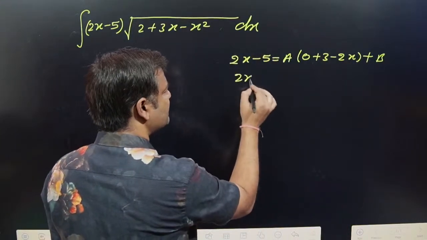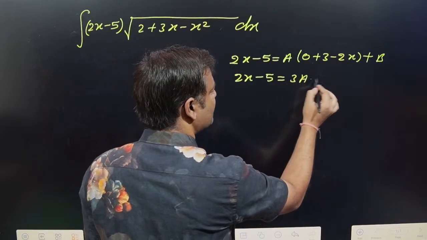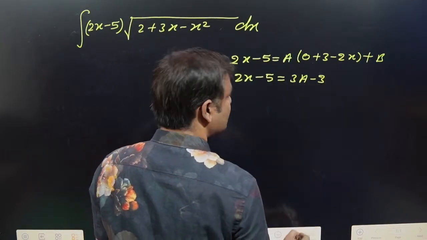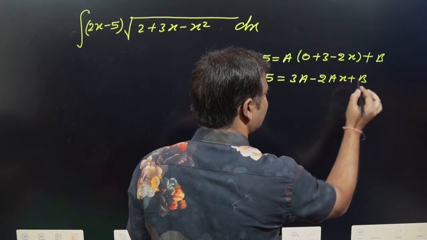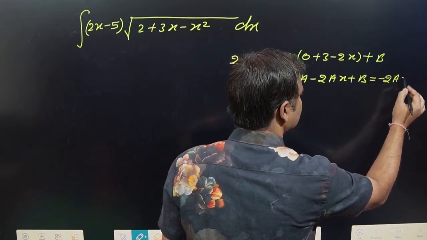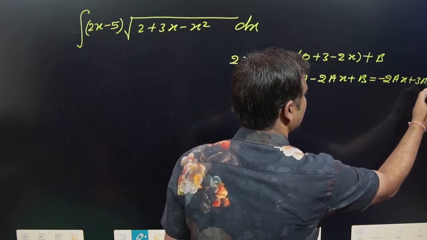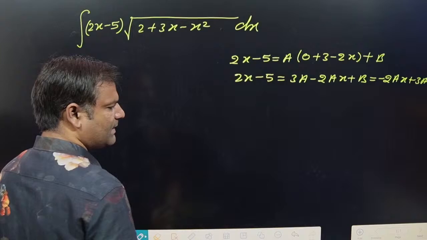So 2x here is 3 into a, minus 3 minus 2a into x plus b. So basically minus 2a into x plus 3a plus b.